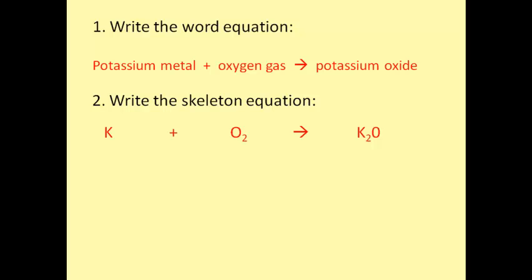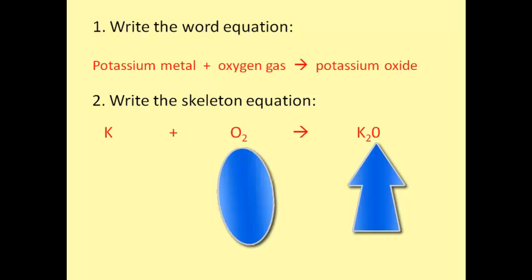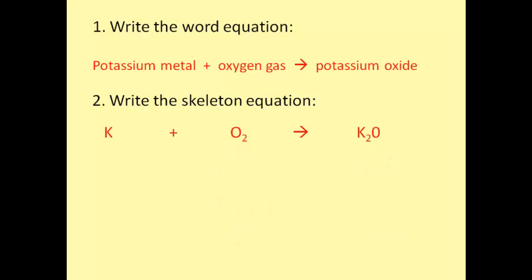Similarly, it shows two oxygen atoms on the reactant side and only one on the product side. This implies that one oxygen atom was destroyed, and this just doesn't happen in nature because matter is neither created nor destroyed. So clearly, the way this reaction is written is not exactly the way it occurs in nature.